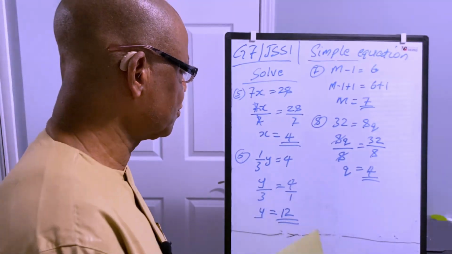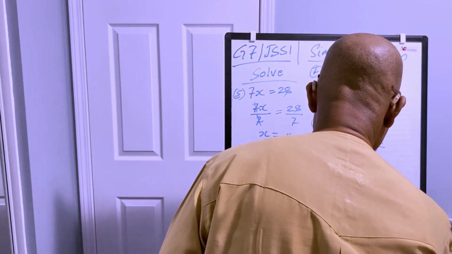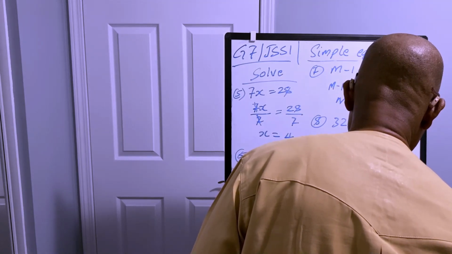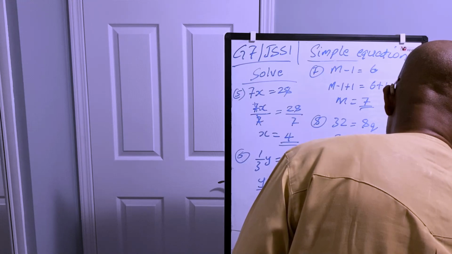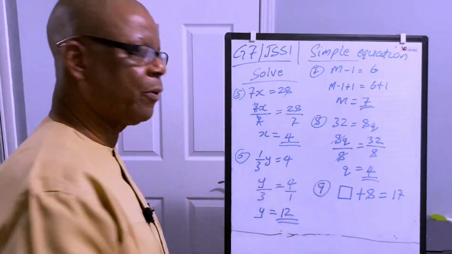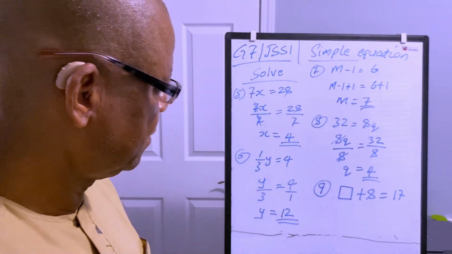It's possible also to give us a question. Let's call it number 9. You say box plus 8 equals 17. Then here we are expected to find what the box is all about. What should be in the box?